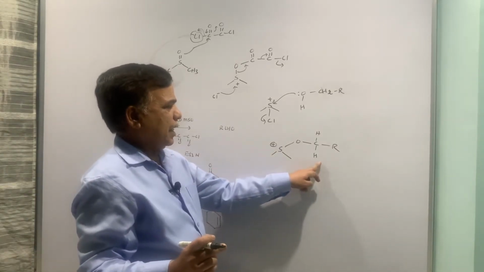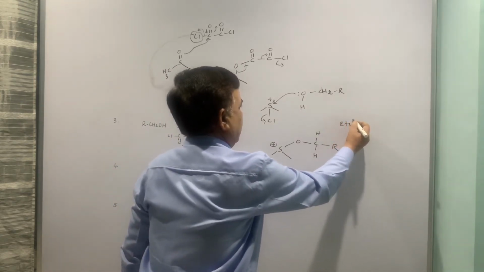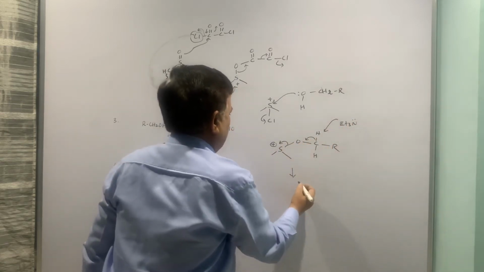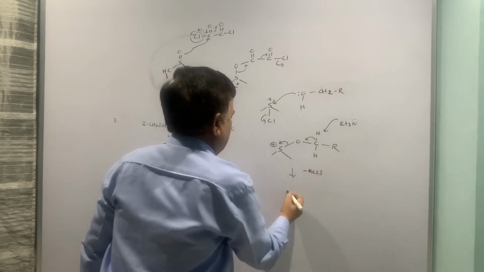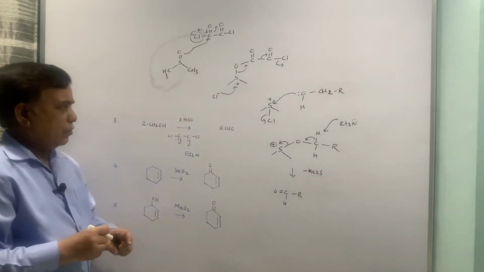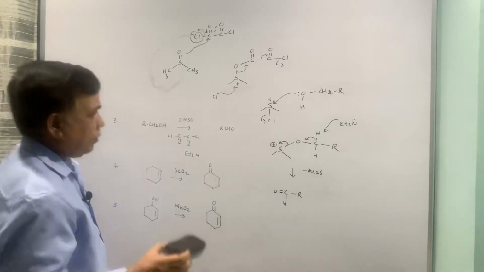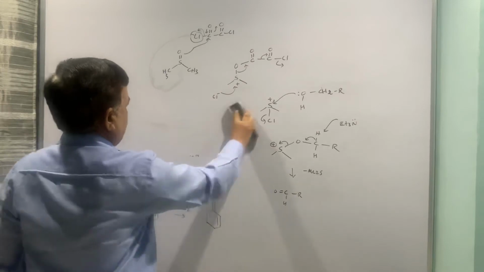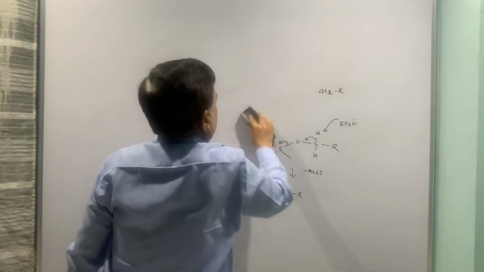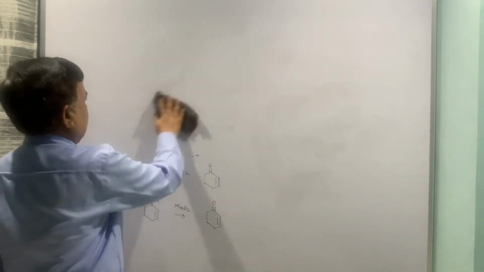So what I will show is triethylamine abstracting a proton directly from here, and dimethyl sulfide is going off. So minus Me2S, and then you have the aldehyde. So this is one oxidation with oxalyl chloride and DMSO. Let me clean this so that we can use the board for writing other mechanisms also.